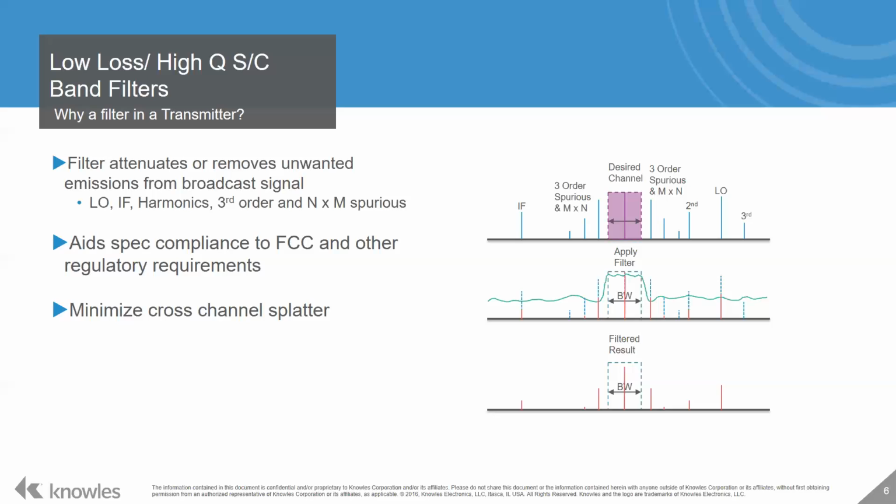As you can see, the filter result of the real filter on the transmitted response shows that the signal levels are knocked down to a level hopefully below the regulatory requirements.